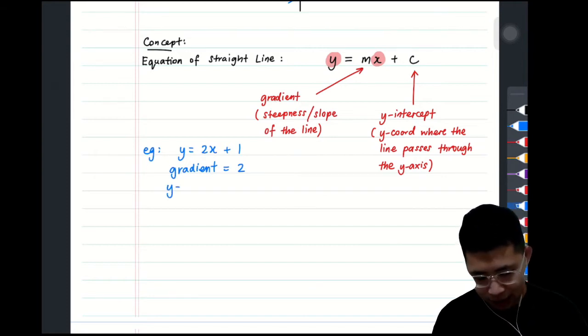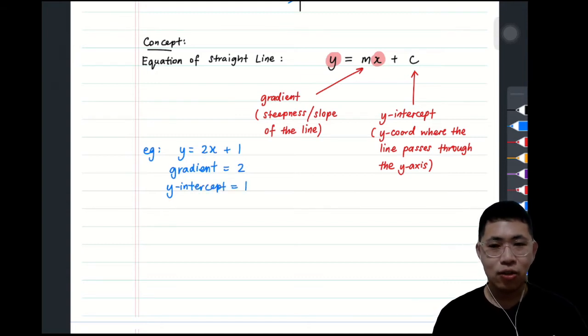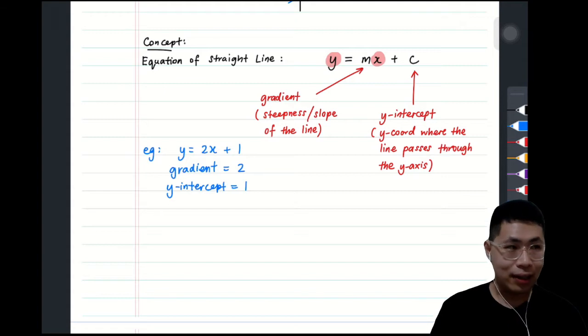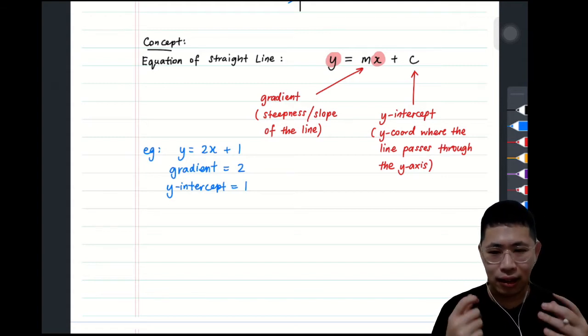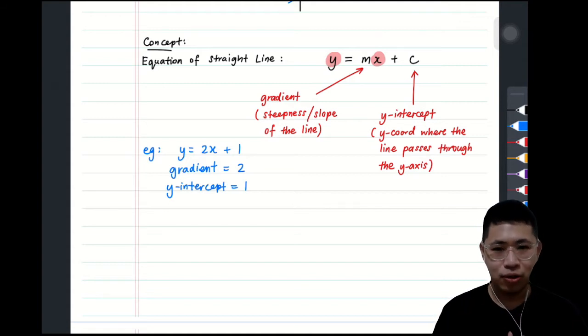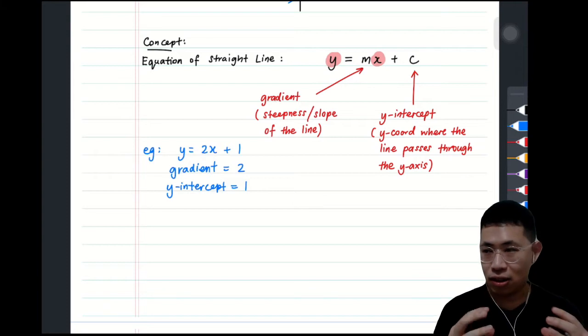Then the y-intercept of the line is plus 1, or 1. So in every equation, what we need to do is to identify the gradient and the y-intercept, or given the y-intercept and the gradient, we need to form our equation. These are the two skills that we need to have in this concept.